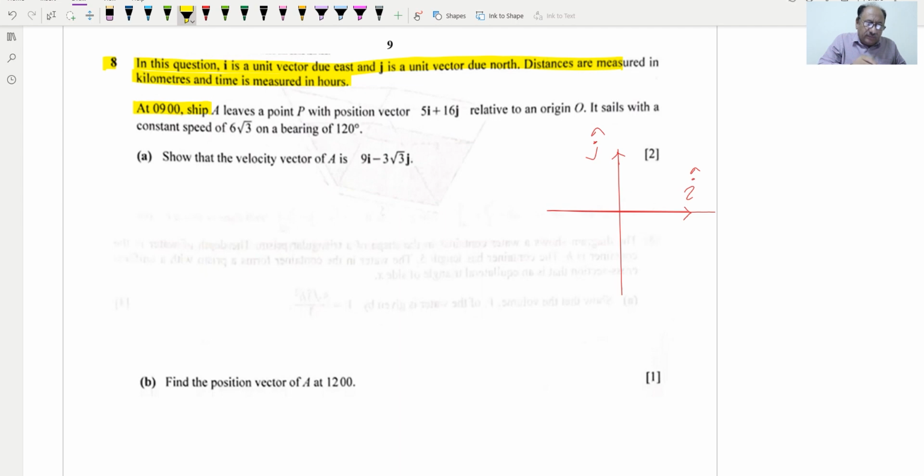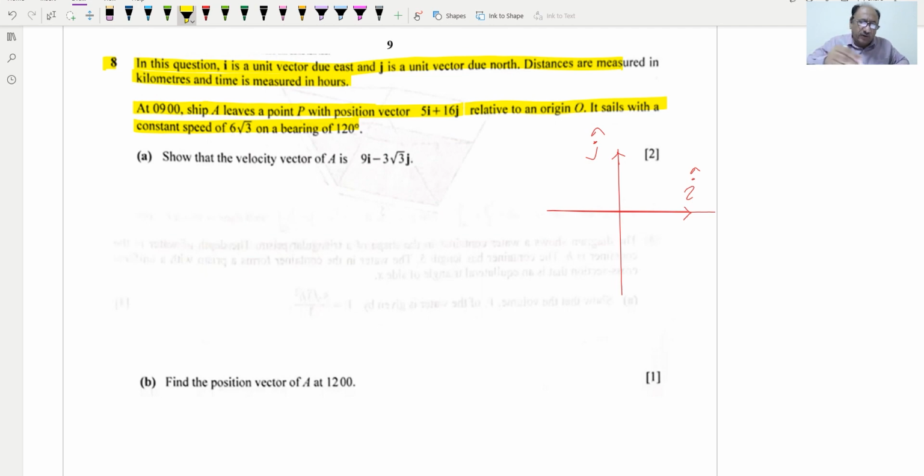At 9, ship A leaves a point P with position vector 5i plus 16j relative to an object O. It sails with a constant speed of 6 root 3 on a bearing of 120 degrees.